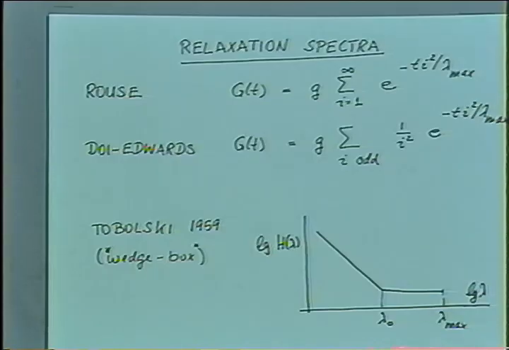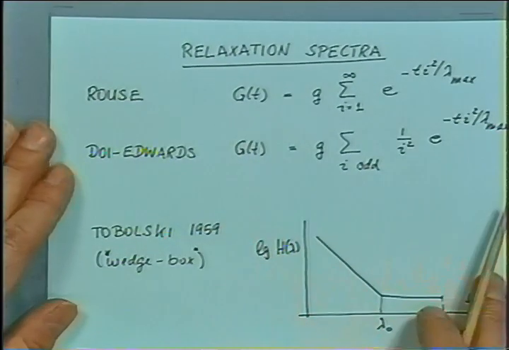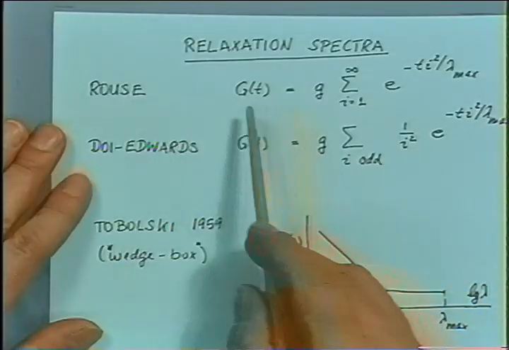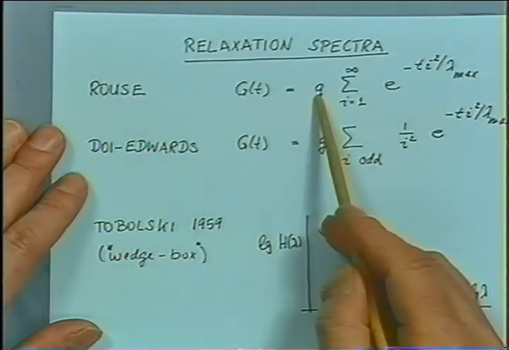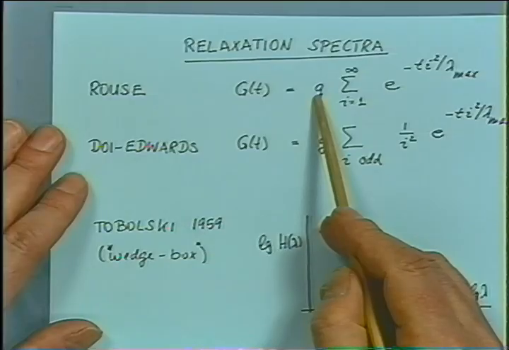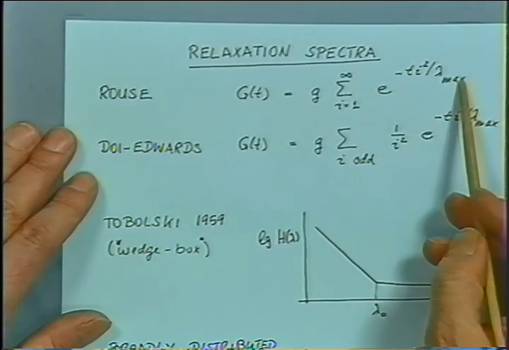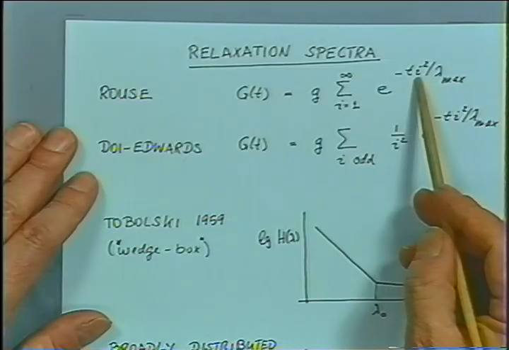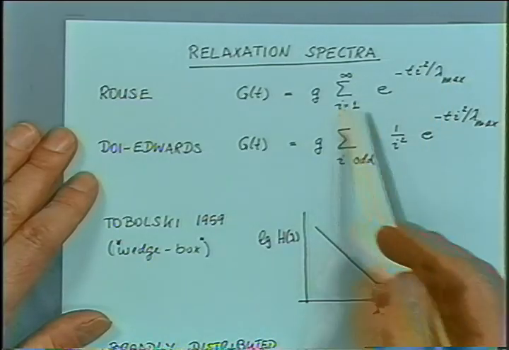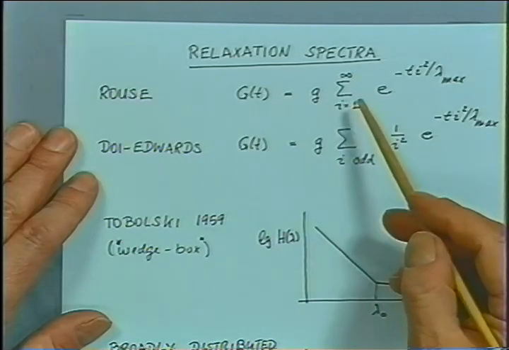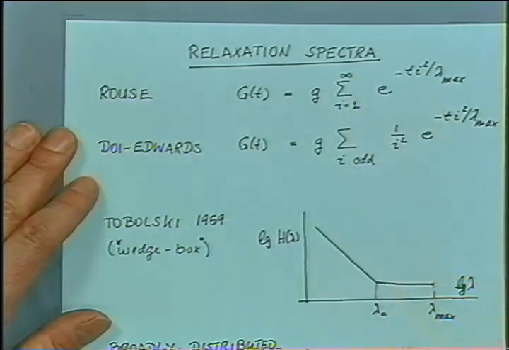We would expect that a material has a continuous distribution of relaxation times. But from the theoretical approach, we get the Rouse model where G is derived from molecular parameters, and the longest relaxation time comes from molecular parameters. And then all the shorter modes are scaled with a square of i, where i is the parameter going through 1, 2, 3, 4, summing up these modes.